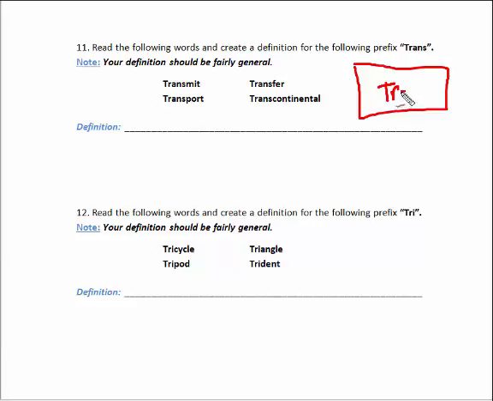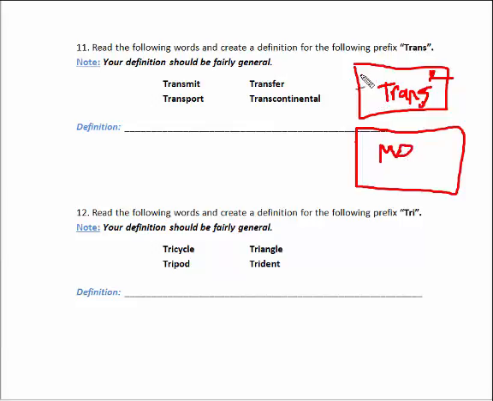On the front of the card, in the upper left or right-hand corner, label the card so you know what the card is. This card is going to be a prefix, so just simply write prefix up here, and that would be the front of the card. On the back of the card, write your definition and make some notes in here. Trans means transportation. It means movement.